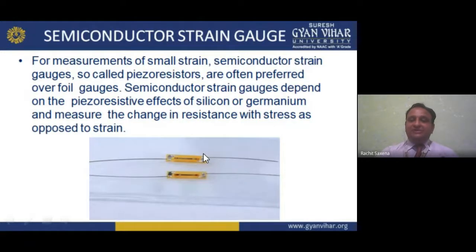Semiconductor strain gauge, as I told you earlier, we use in a very wide range because it has some advantages compared to the previous foil type strain gauge. We are now using semiconductor strain gauges instead of foil gauges.